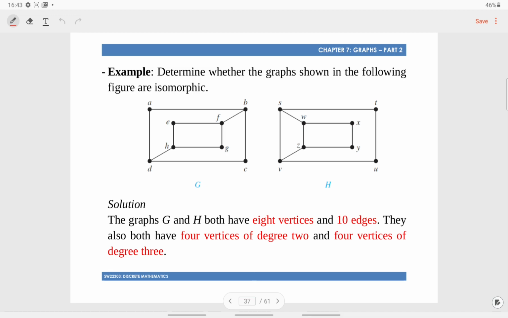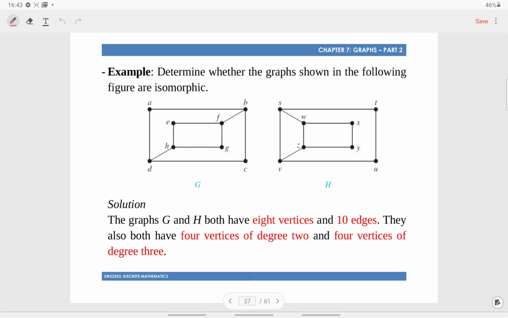The graph G has 10 edges. The graph H also has 10 edges. So they pass these two tests: the number of vertices and the number of edges. Next, they also both have 4 vertices of degree 2 and 4 vertices of degree 3.